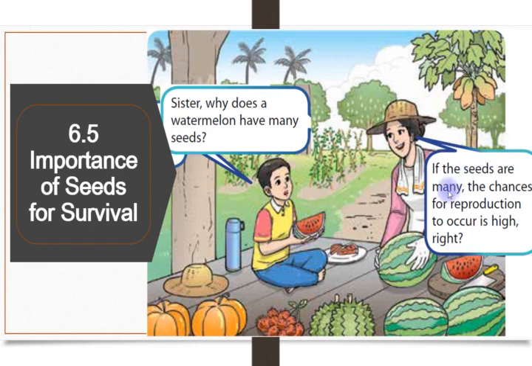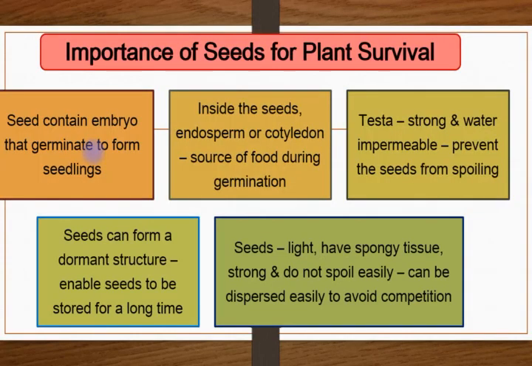So what does the sister answer? If the seeds are many, the chances for reproduction to occur are high. That is related to our topic today, the importance of seeds for survival.